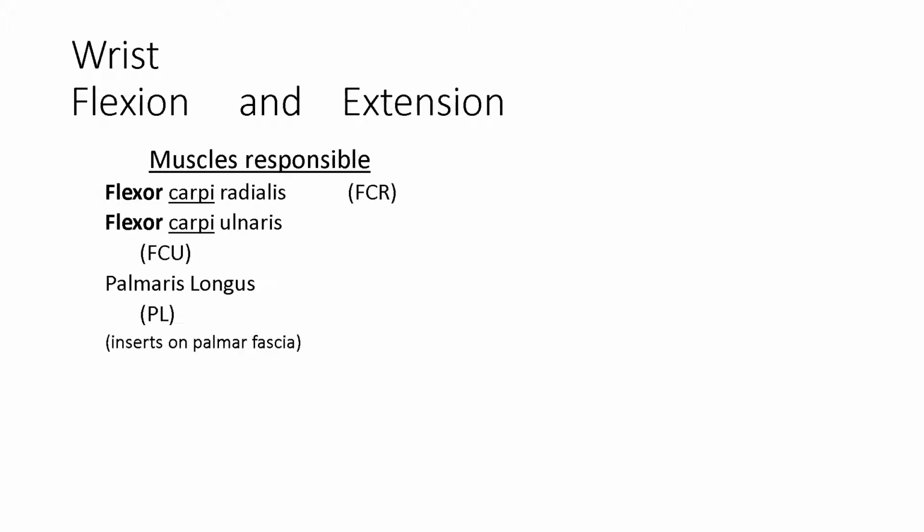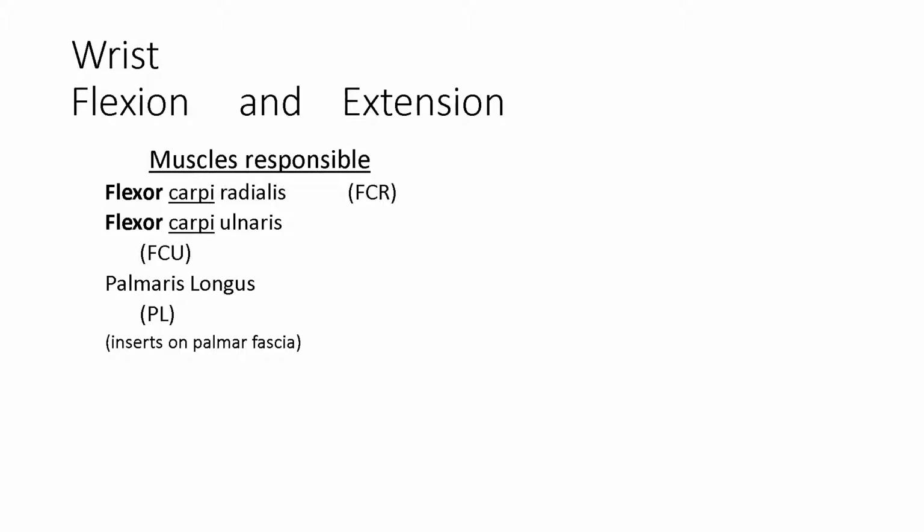Okay, the movements, as I mentioned, are wrist flexion and extension. We're going to take a look at some muscles that are responsible for flexion and extension. On the flexor side, we have the flexor carpi radialis, the flexor carpi ulnaris, and something called the palmaris longus that I'm going to talk about.